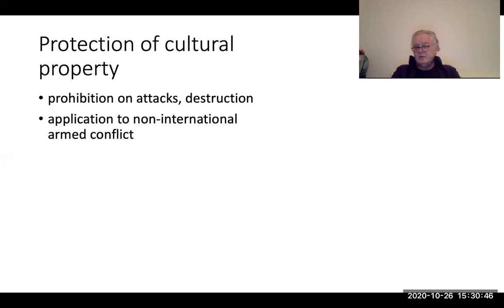Cultural property is an interesting problem because there are some things that are considered cultural property that are controversial. So we had some people in Bristol who tore down a statue earlier in 2020 and dumped it in the harbor.